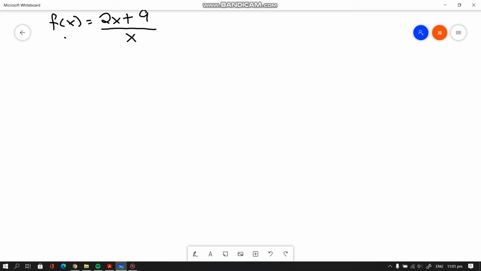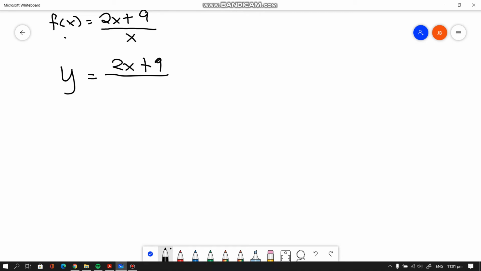So same procedure. To determine the inverse, what we do is to rewrite f of x as variable y. So y equals 2x plus 9 over x. Since I have a denominator, I will cross multiply it to my variable.